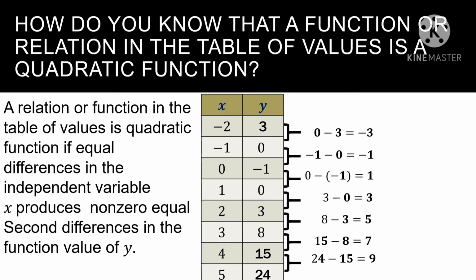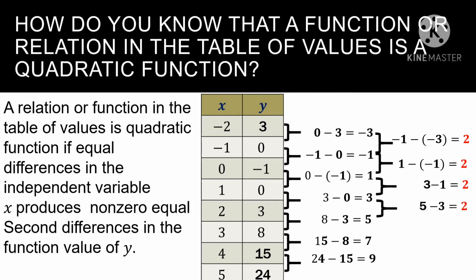Okay, so after the first differences, let's find out the second differences. Ma-minus natin yan ulit. So negative 1 minus negative 3, you have positive 2. Then positive 1 minus negative 1, you have positive 2. Then 3 minus 1, you have 2. 5 minus 3, you have 2. 7 minus 5, you have 2. Then 9 minus 7 is 2.